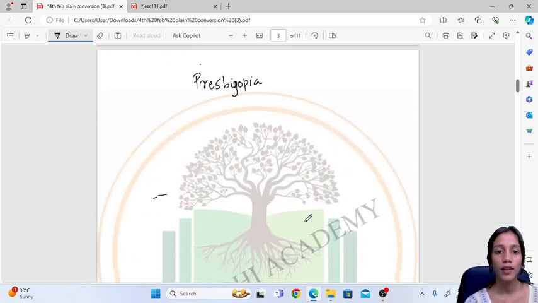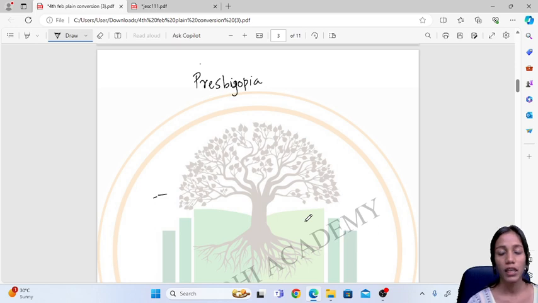Now the third defect which a person can suffer is presbyopia. This defect is mostly caused in people of elder ages. They are not able to see the faraway objects properly. The main reason for this is the weakening of the ciliary muscles and diminishing flexibility of the eye lens.